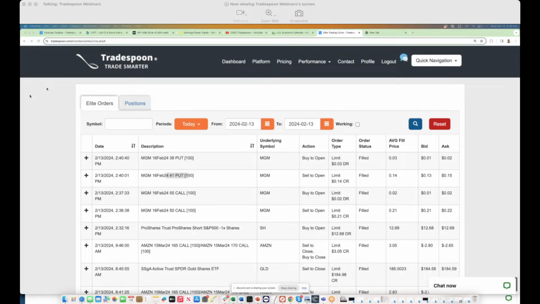All right. Looks like Spiders are fighting for the 496 level. That hasn't changed. So now we have basically two candlesticks.